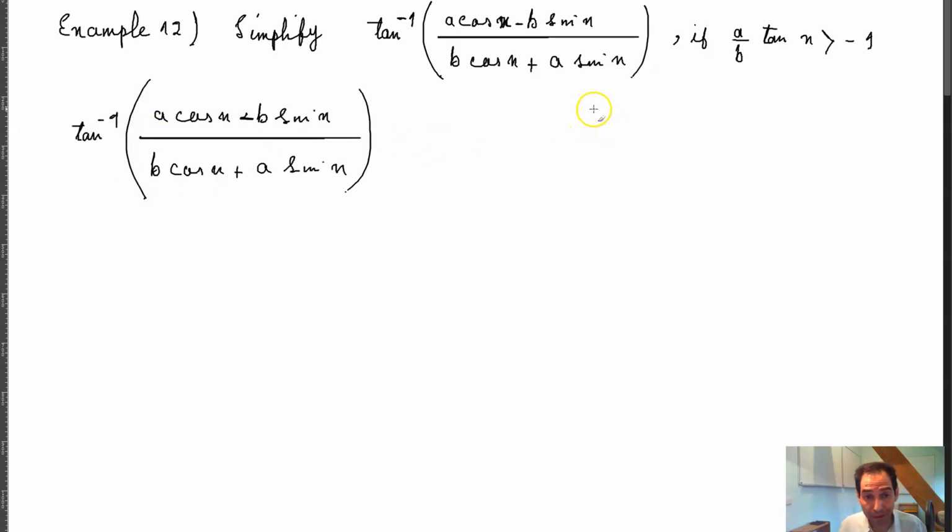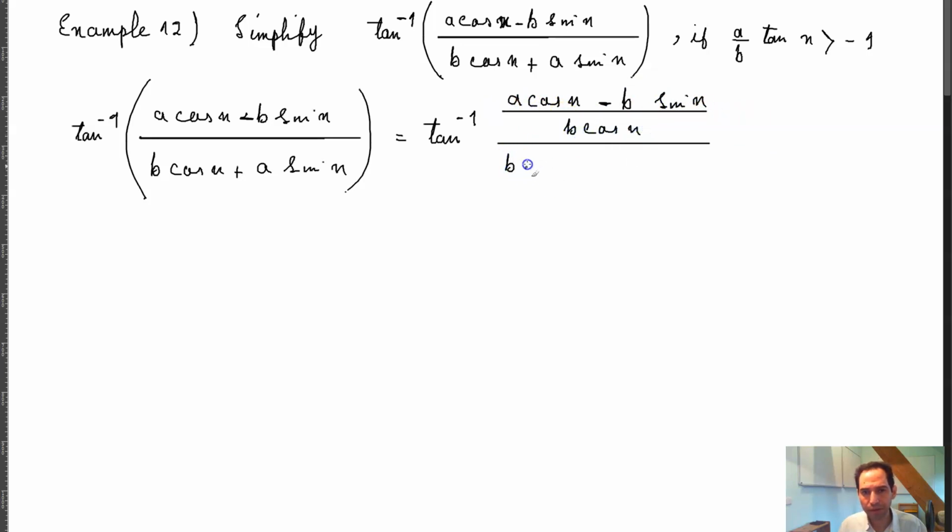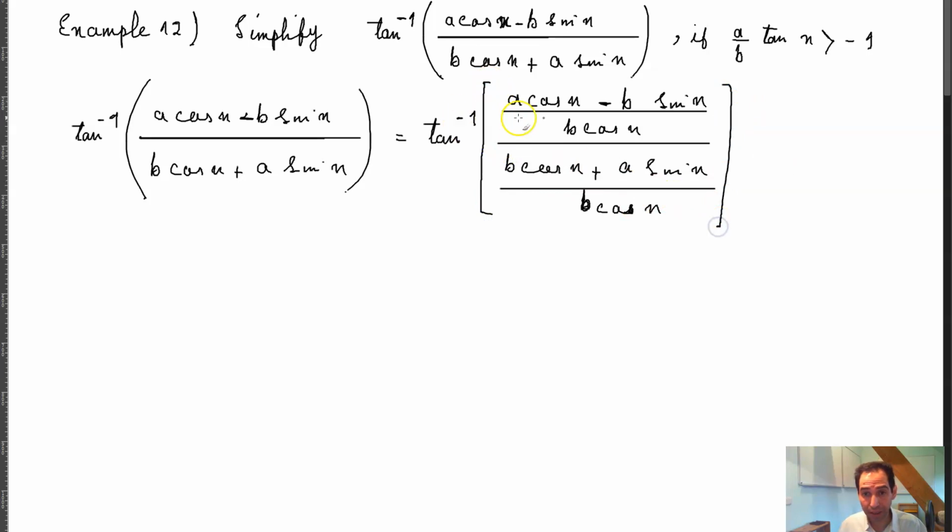Of course, taking into consideration that a by b times tan x is greater than -1, I can write it as the tan inverse of, dividing both numerator and denominator by b times cos x: a cos x minus b sin x over b cos x, over b cos x plus a sin x over b cos x, and then you want to take the tan inverse of that.